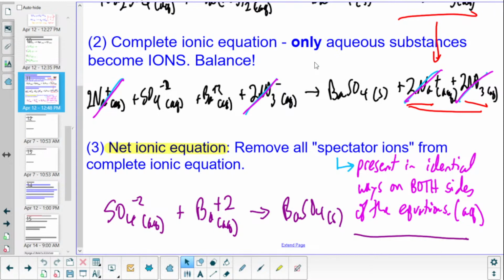Now let's check the solubility. First of all, do we see calcium? Calcium and sulfate have low solubility, so this one will be a solid.